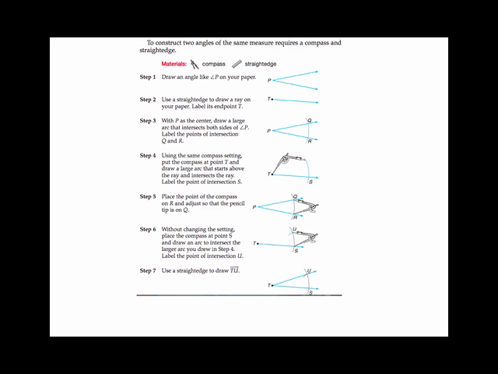This time put the point on the vertex T, or the endpoint T, of the ray that you have already drawn. Draw a large arc that starts above the ray and intersects the ray. Label the point of intersection S.